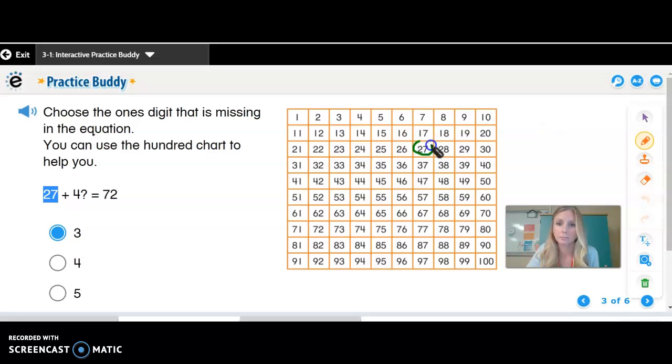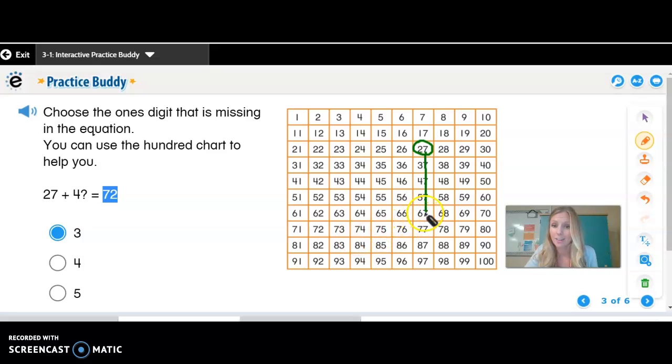Circle it. Okay, we know how many tens we can go. How many rows are we going to move down? 4. 1, 2, 3, 4. Okay, we stop there. What number are we trying to get to? We don't know how many ones we're moving over, but what number do we know we have to stop at? 72. So let's count how many ones places it takes us to get to 72.